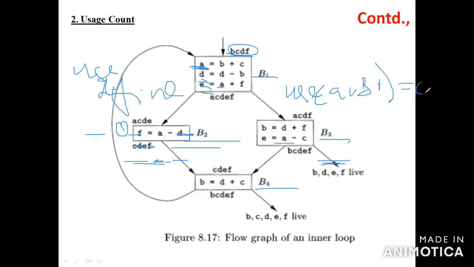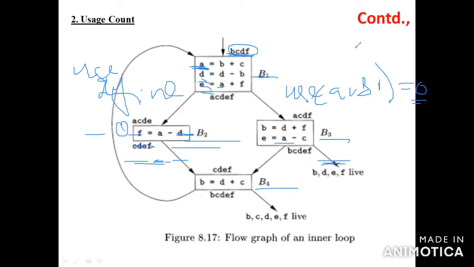Here you are defining A. Before that, in the block you are using only B, C, D, F; A is not defined. The variable A before B1 is not used. So use of A comma B1 is 0, because in basic block 1, before defining A, I didn't use it. I use only the variables B, C, D, F.